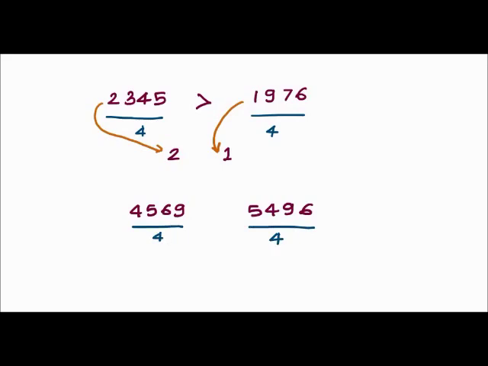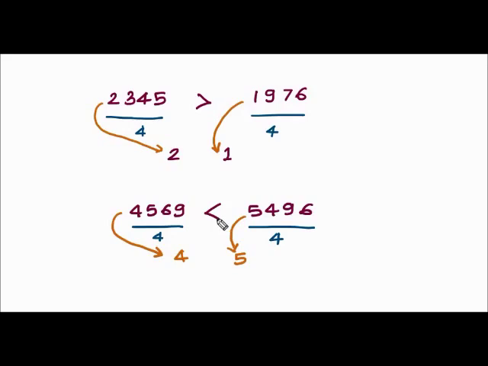We'll go to rule number 2 and bring the first leftmost digit down. That is 4, and here that is 5. Now which one of them is greater? 5 is greater. And hence we know 5496 is greater than 4569. This is our rule number 2.